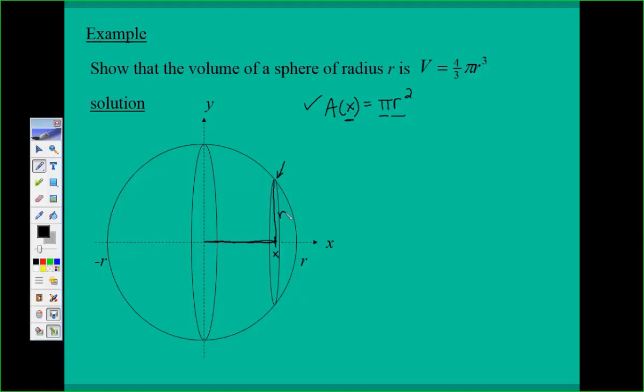But since I have this set on a coordinate plane, do you see how we could label that as the y value? So I'm going to label this as our y value. So this distance here, this radius of this cross section, is actually y, and this distance from here to here, that's our x value.